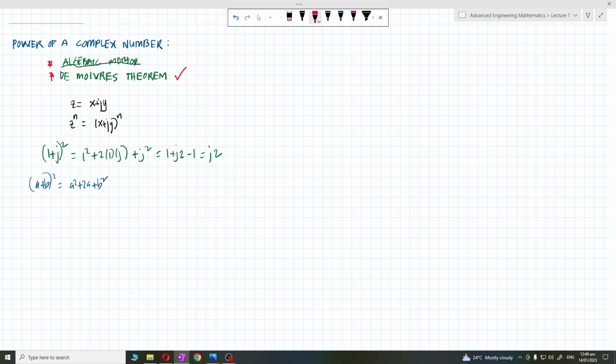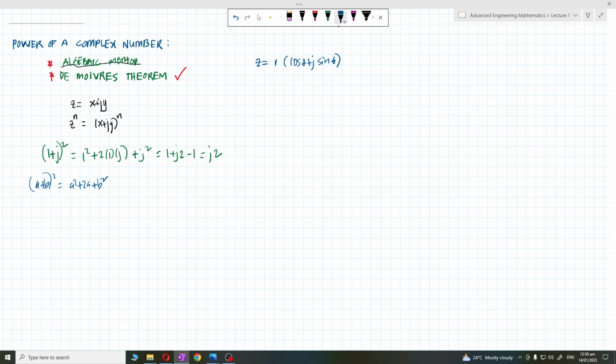So how do we perform the Moivre's theorem? First let us illustrate how it is done. Again, in trigonometric form, our z is equal to r quantity cosine theta plus j sine theta.